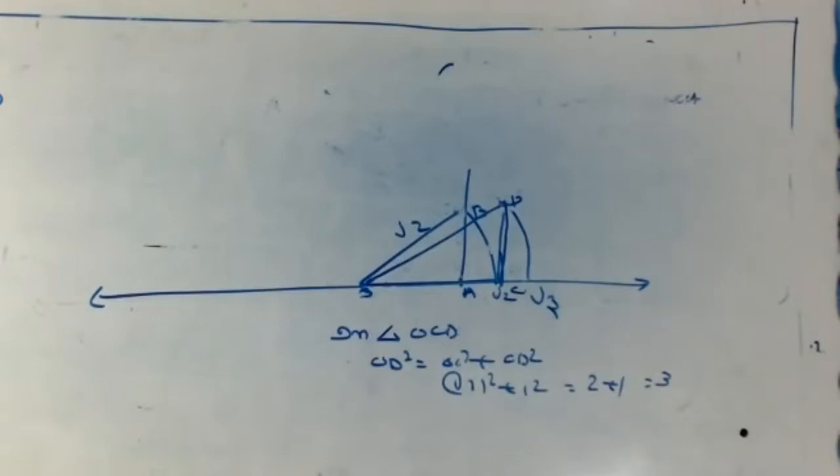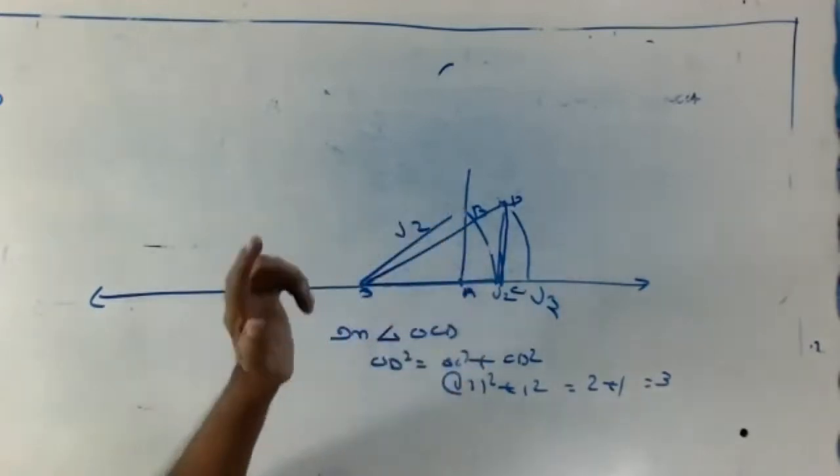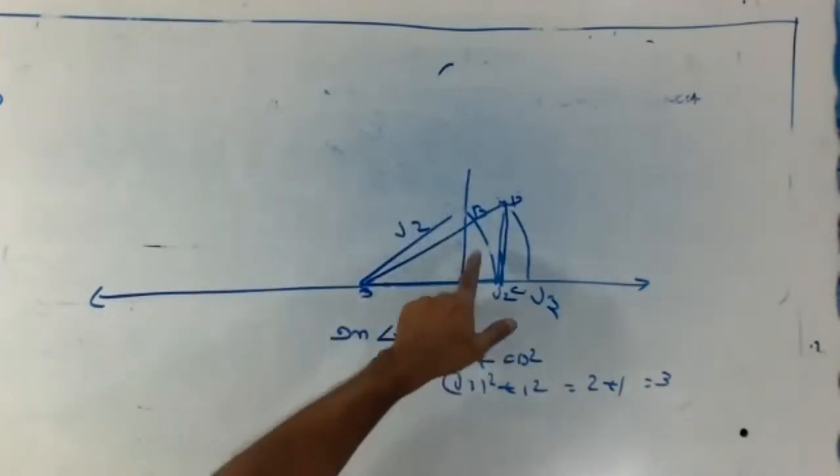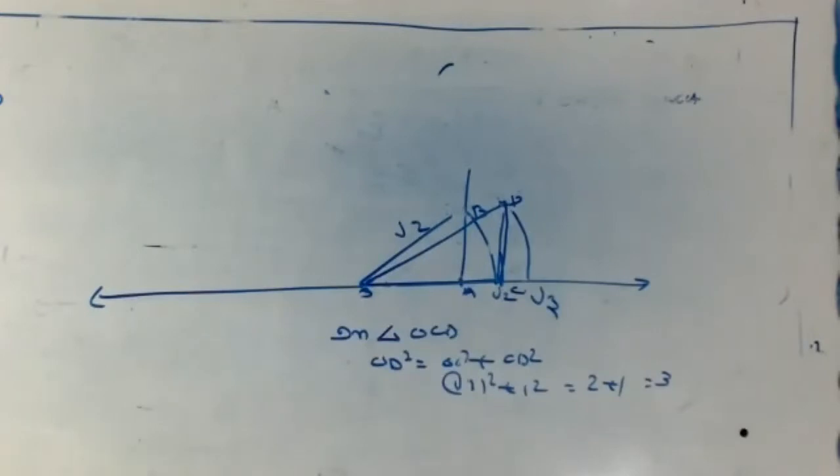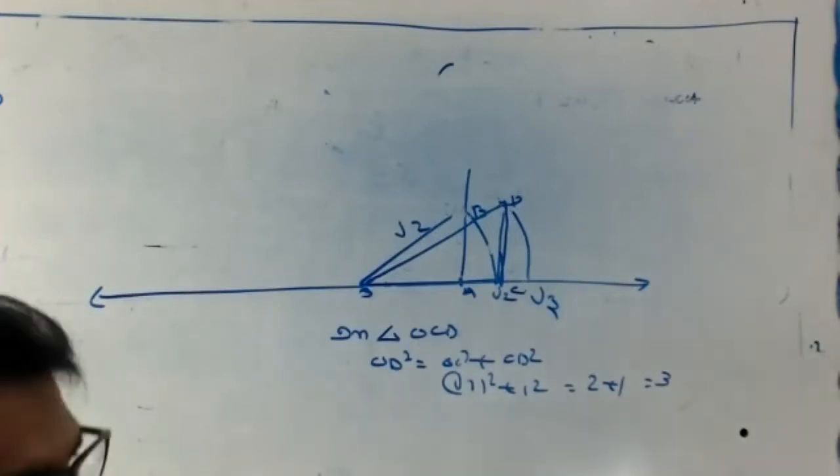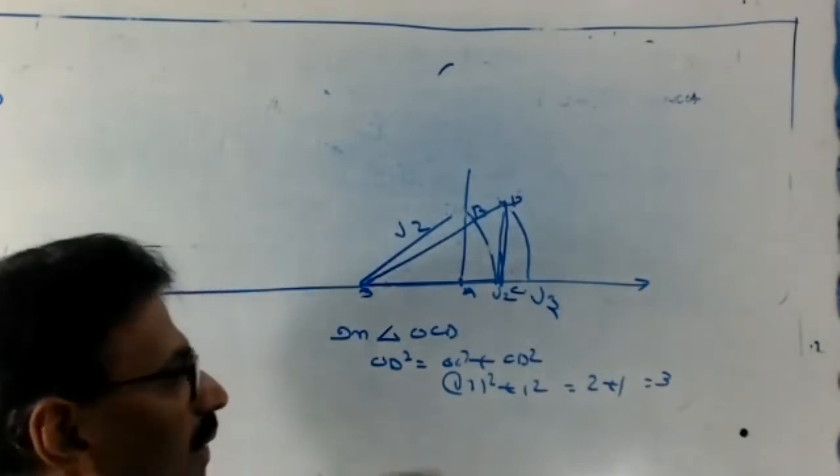Justification: in triangle OAB, OA square plus AB square equal to OB square. Right? Pythagoras theorem. If not Pythagoras theorem, I won't check it. Then 1 square plus 1 square equal to 2. Therefore, OB equal to root 2. And you should have marking like this.